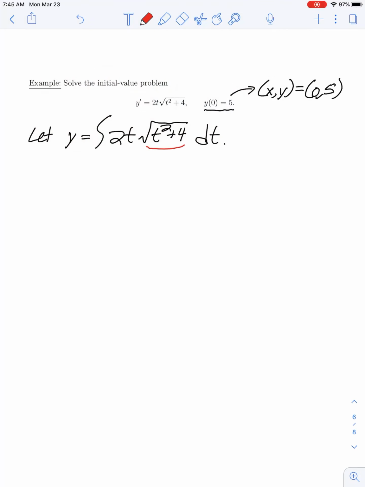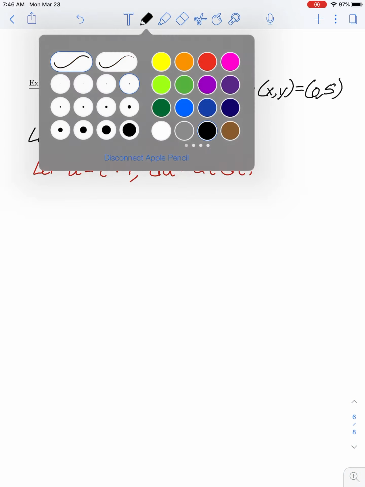So our integral involves a composite function, the square root of t squared plus 4. So to integrate this, we might make use of a substitution where u is this inside function, t squared plus 4, so that du is equal to 2t times dt.